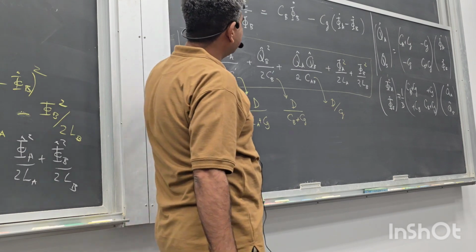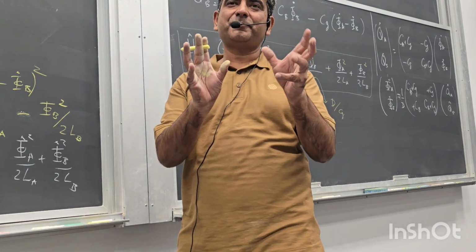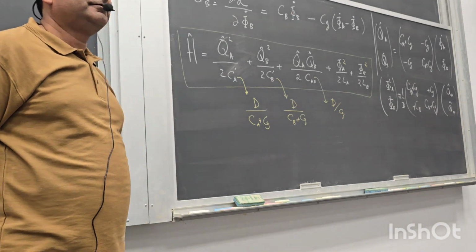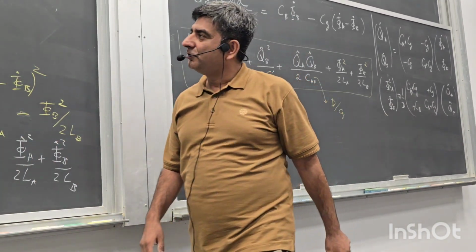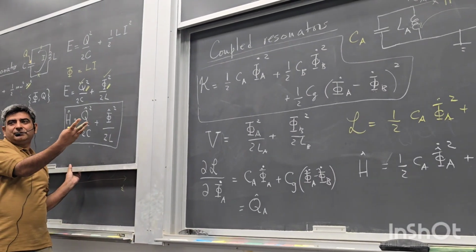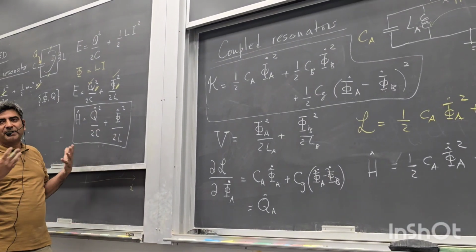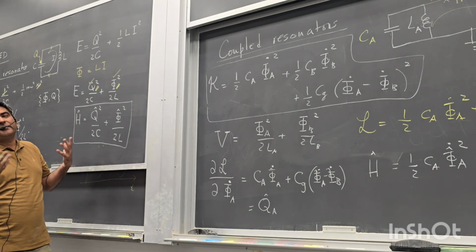If you look at the first and the fourth term, if I were to lump them together, doesn't the first and the fourth term together look like a single oscillator with a different capacitance?